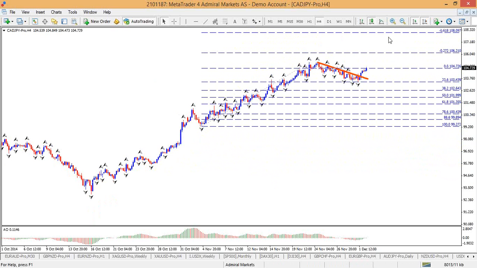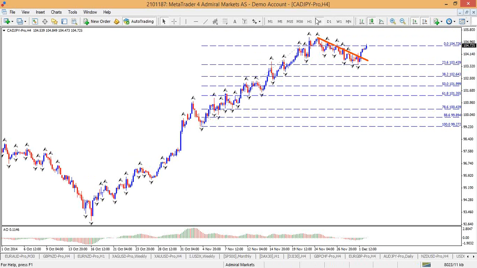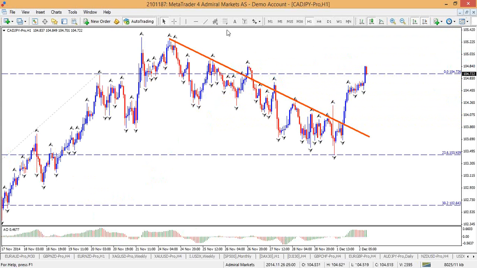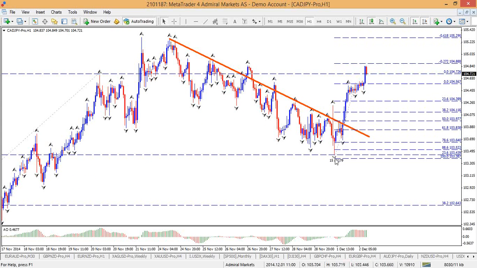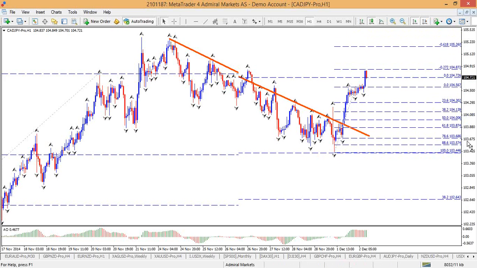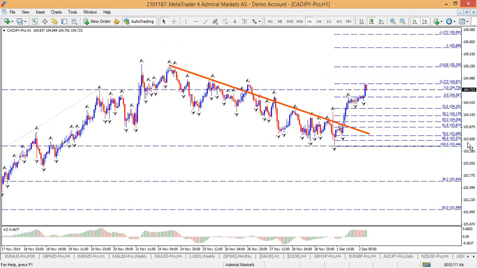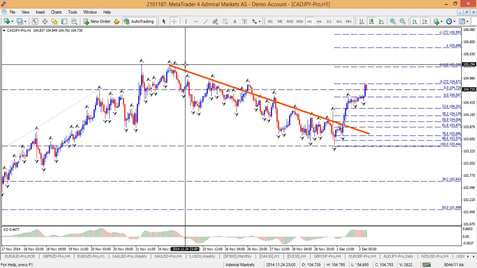The 4-hour fib here, yeah, that's a bit high, but it has a minus 272 target of 106.20. And then last but not least, the hourly, let's take a look. That is a very short fib, so these targets are going to be hit pretty soon. Yeah, 106, I think, wouldn't be too bad.